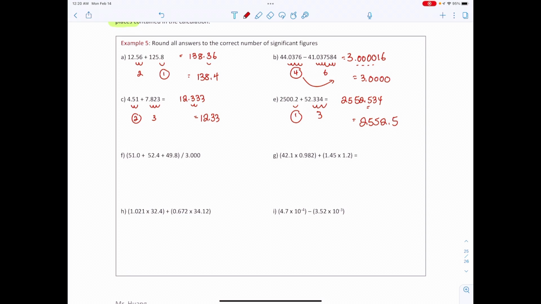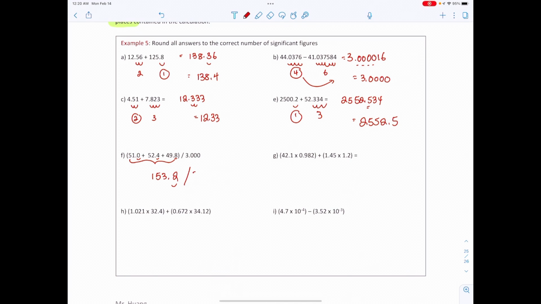So for example, if I take these 3 and I add them up, I get 153.2. Now I know I need to have 1 decimal place because all these have 1 decimal place, and it turns out this number here, 153.2, has 1 decimal place, so I'm fine.